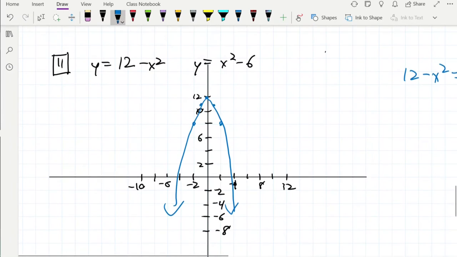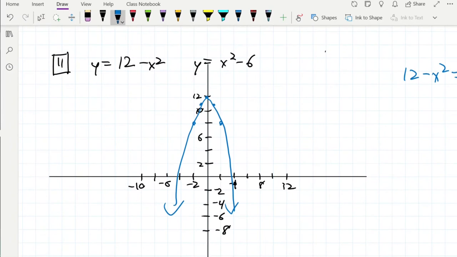When we let x equal 0, we get y equals negative 6. And when we let x equal 2, we're going to have y equal minus 2, or plus 2.